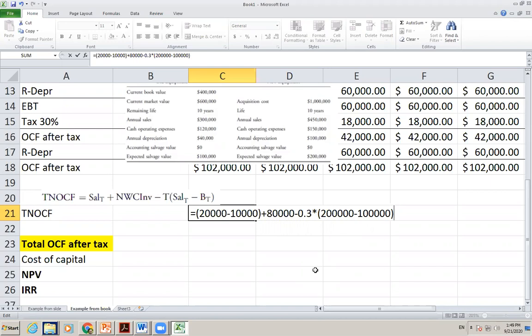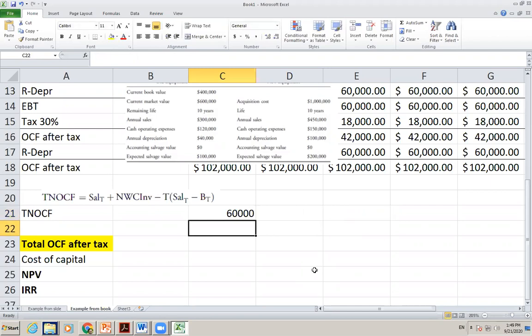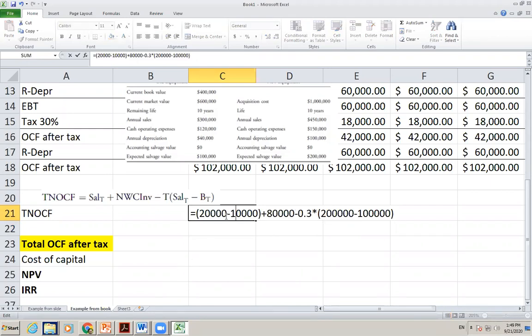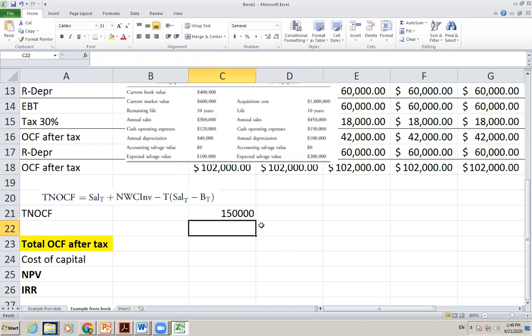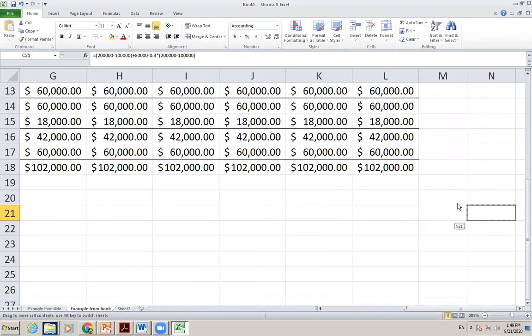Okay, it seems okay, but I think I forgot something. This 200,000, this 100,000. And we're putting this into the last year.